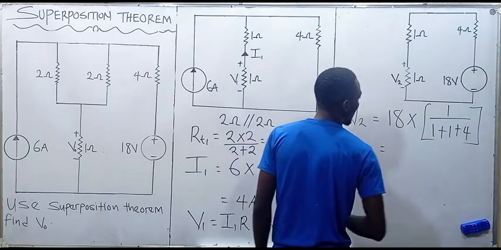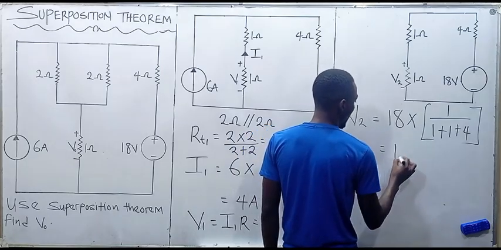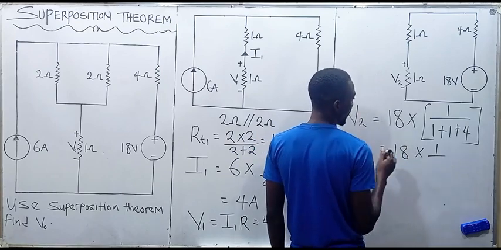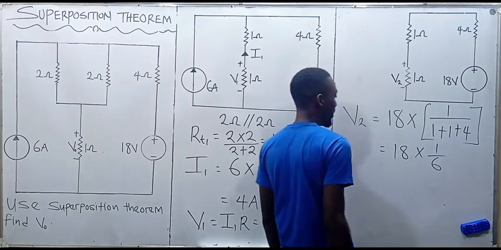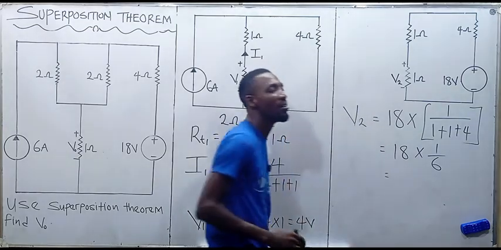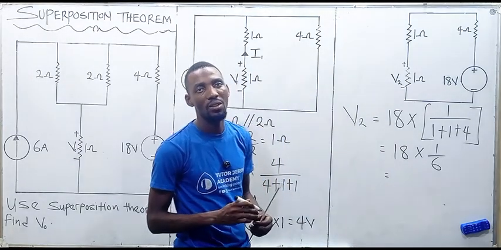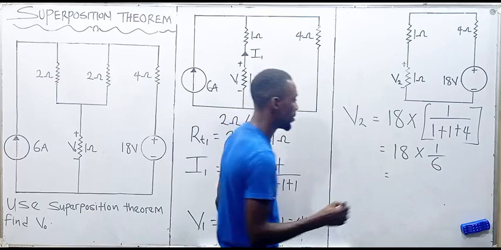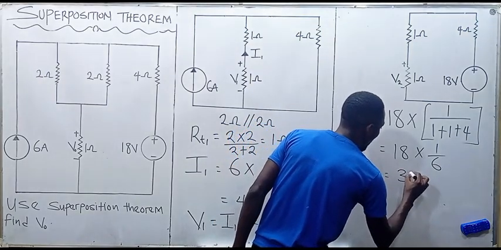So this will be equal to 18 multiplied by 1 over 6, right? And 18 divided by 6 is going to give us nothing but 3. So it's going to be 3 volts.